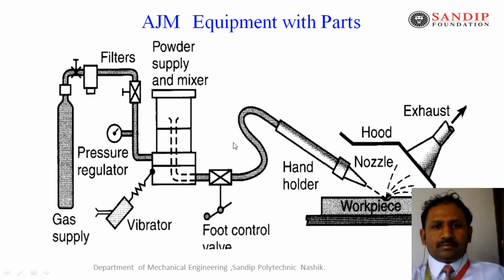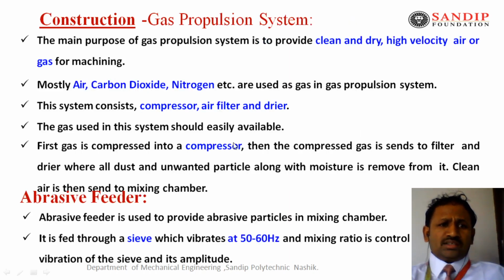Next, the construction. When your theoretical question is construction, write it in single line sentences, but since this is the first process, I have explained it one by one briefly. The construction consists of a gas propulsion system.